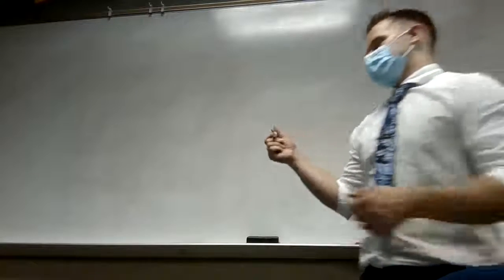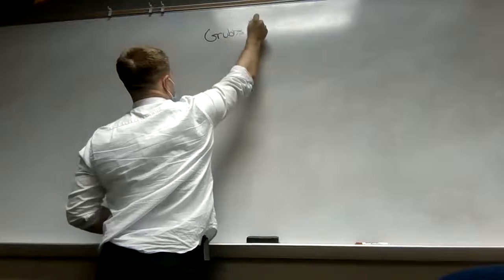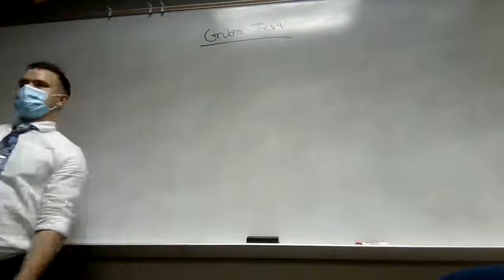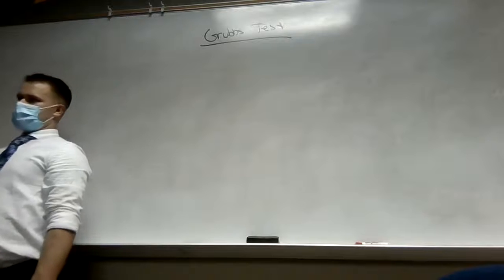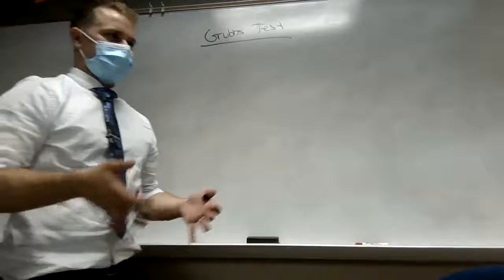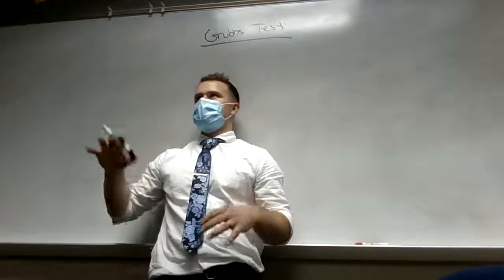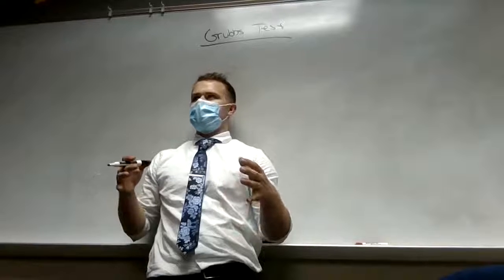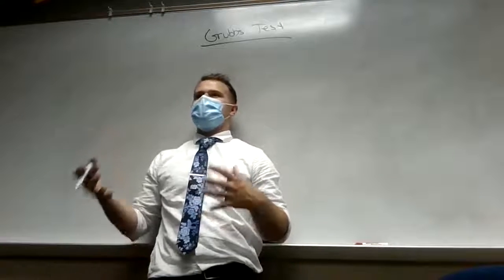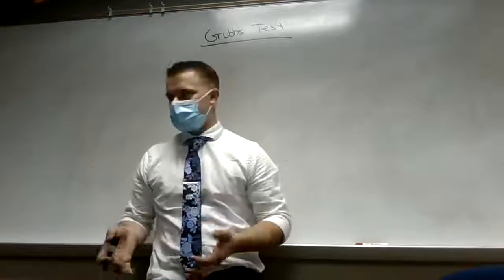Okay, so the question was about the Grubbs test. Anybody remember what the Grubbs test does for us? It defines what counts as an outlier. That being said, your Grubbs test statistically is determined by how big your sample size is, what your thresholds are, what your confidence level is, which are a lot of statistics that you won't see until you take statistics.